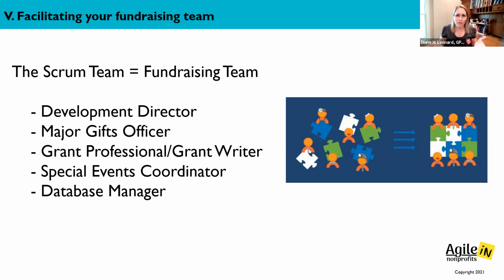You're like, yeah, you're right, that's a fundraising team, isn't it? So as we think about the Scrum framework, you already have a team, whether it's 3 people or 9 people or what specific titles you have, all fine. But your fundraising team or your fundraising department, for today's conversation, we're going to call you a Scrum team.